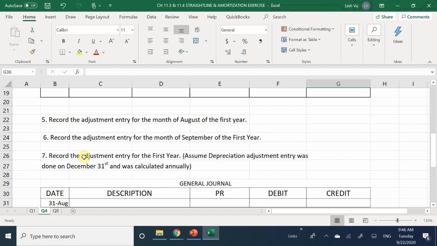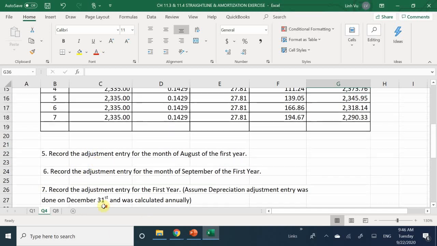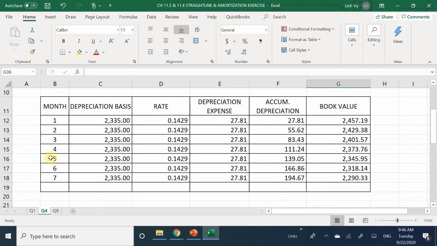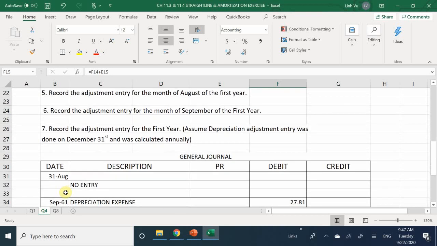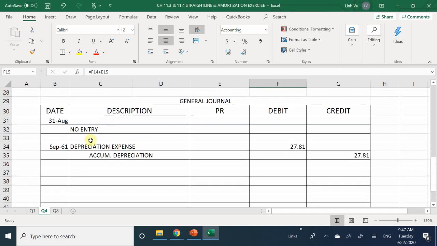Now, question number 7 asks you to record the adjustment entry for the first year, assuming that the depreciation adjustment is going to be on December 31st and was calculated annually. I already asked you the question, so we solved it for after 4 months: September, October, November, December. So here we recognize that the total amount of depreciation was 111.24.